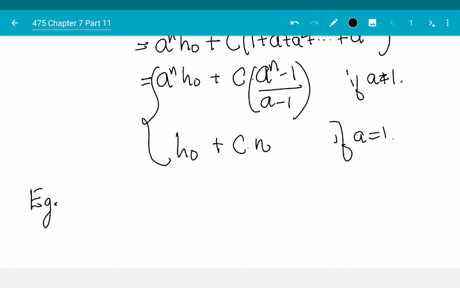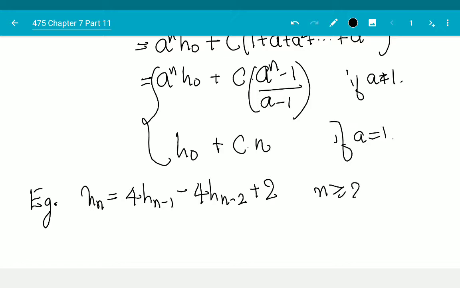Example: h_n is equal to 4h_{n-1} minus 4h_{n-2} plus 2, for n greater than or equal to 2, and my base cases are h(0) is equal to 3, h(1) is equal to 6.